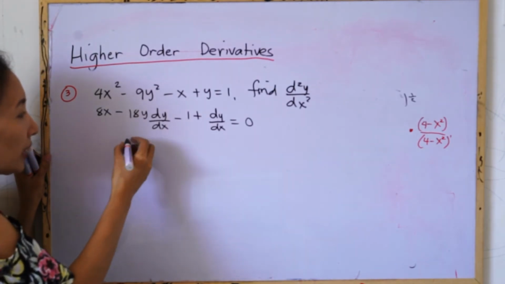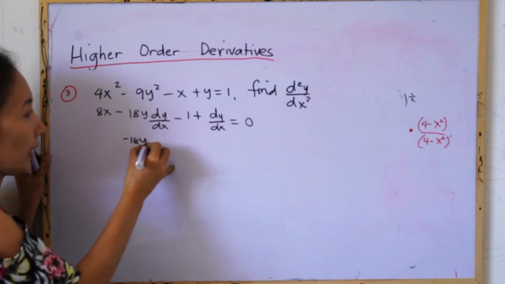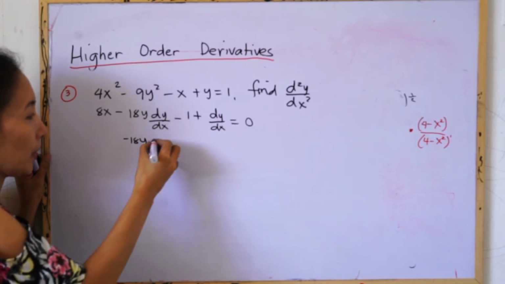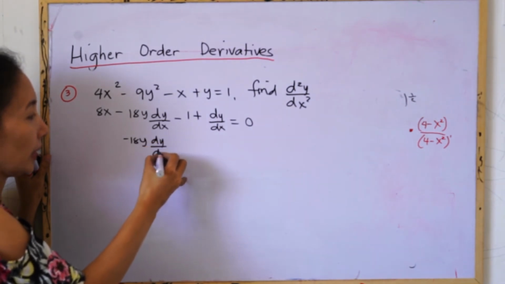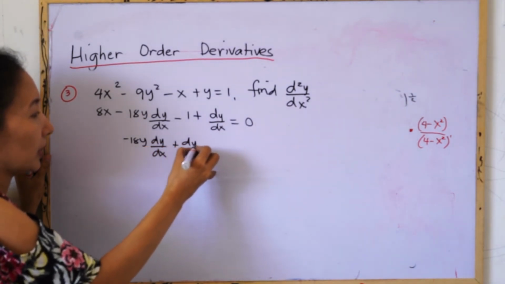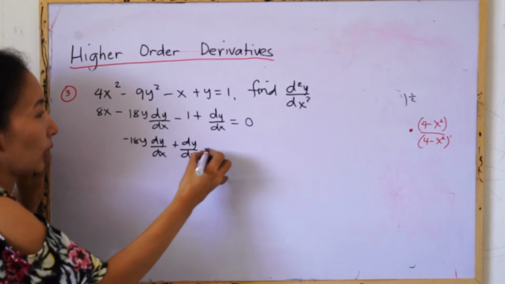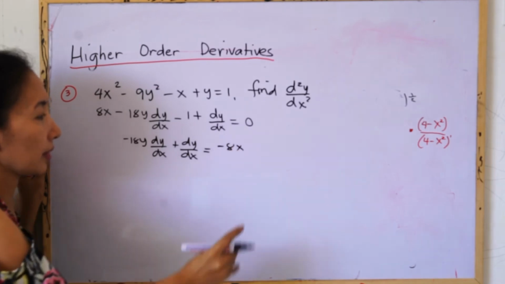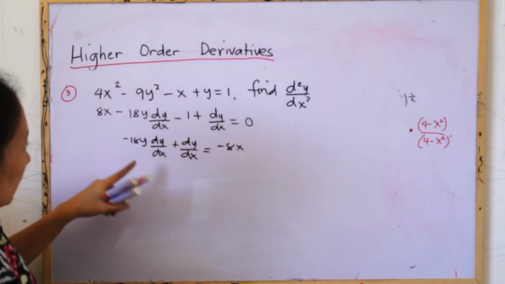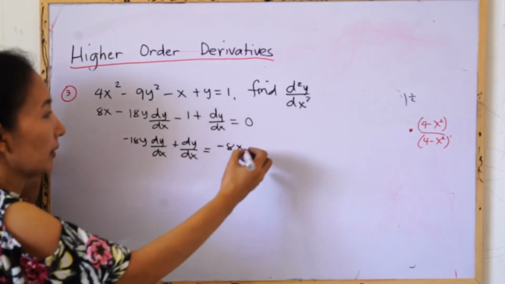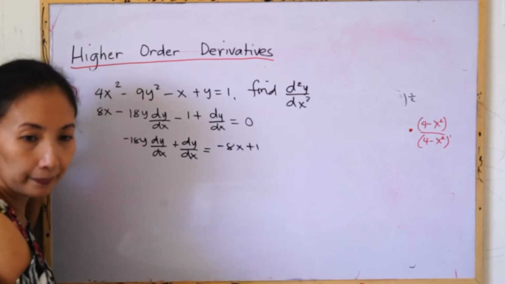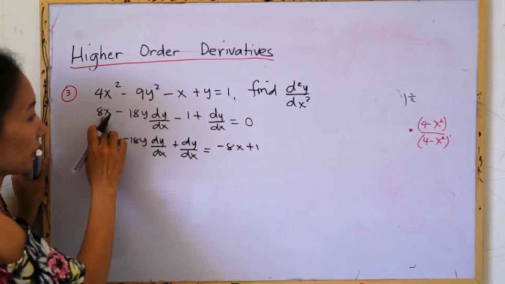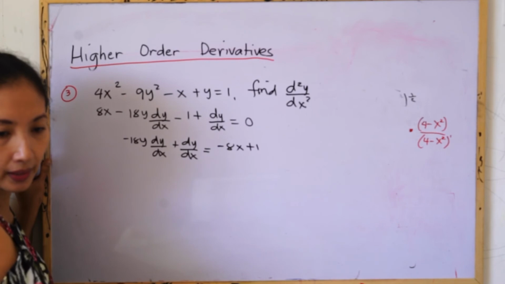Negative 18y dy over dx plus dy over dx equal to negative 8x, minus 1 or plus 1? Correct? Negative 8x plus 1.